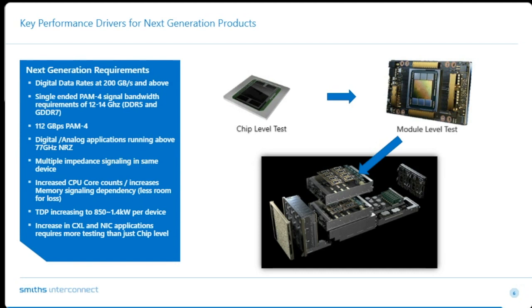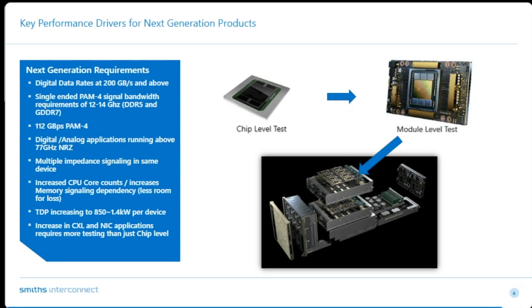Some of the next generation requirements that we're seeing are digital data rates up to 200 gigabits per second, single-ended PAM4 performance with signaling bandwidth of 12 to 14 gigahertz, DDR5, GDDR7, GDDR6W, digital and analog applications running at 77 gigahertz NRZ.